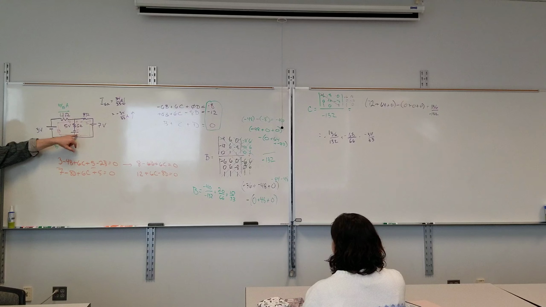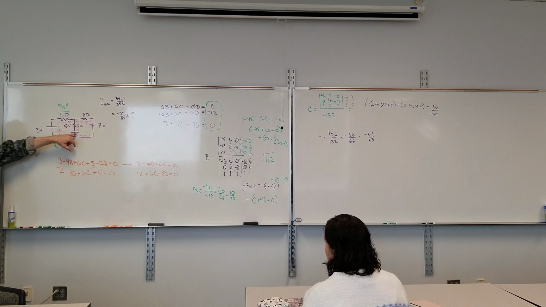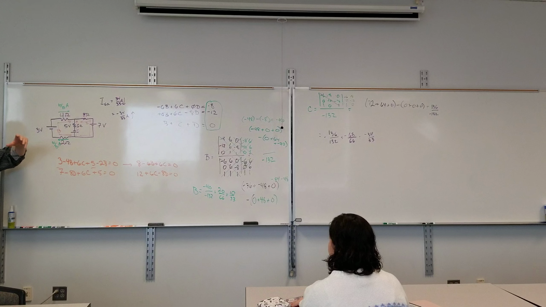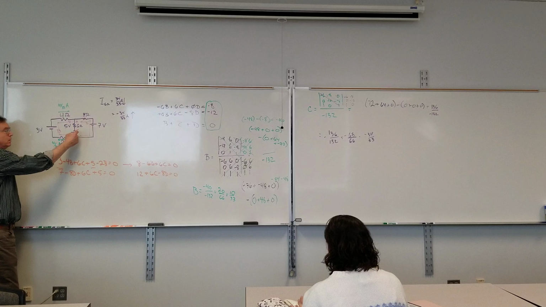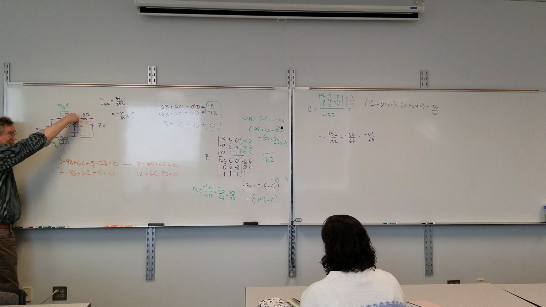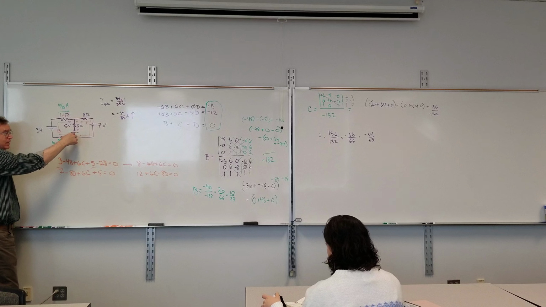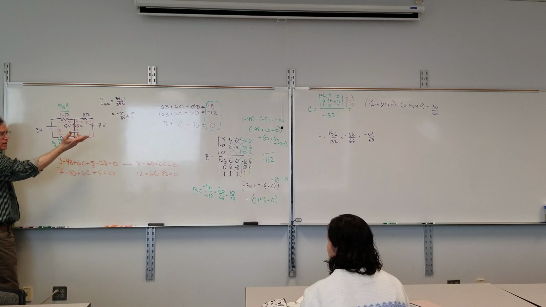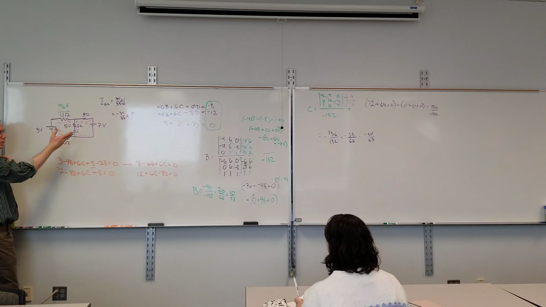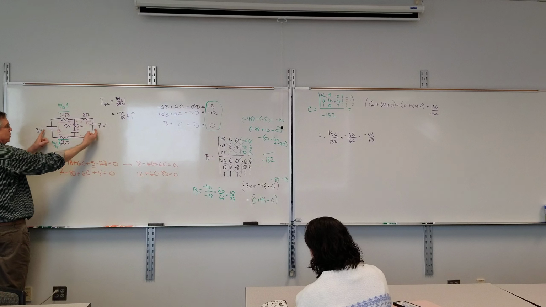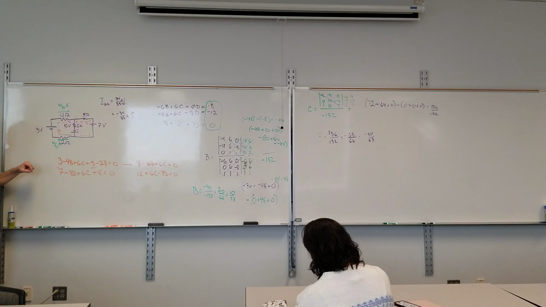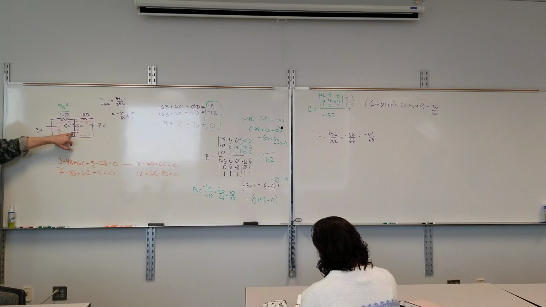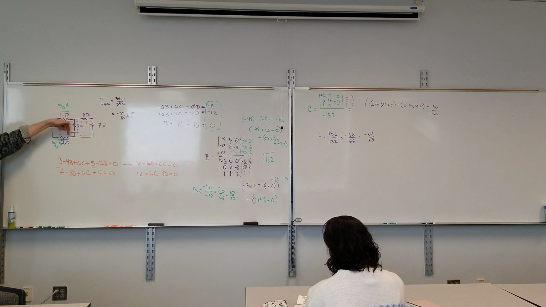But I chose C to go up, because why not? It doesn't matter when you're setting up the equation, just so long as you're consistent. Now, the current's going down like this. I know that if I put the thought into it, the current's gonna flow this way because those are gonna overpower that. But it is possible to have the battery going this way and the current still go that way in the middle.